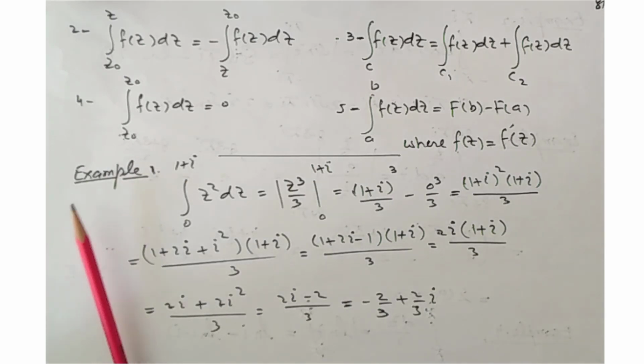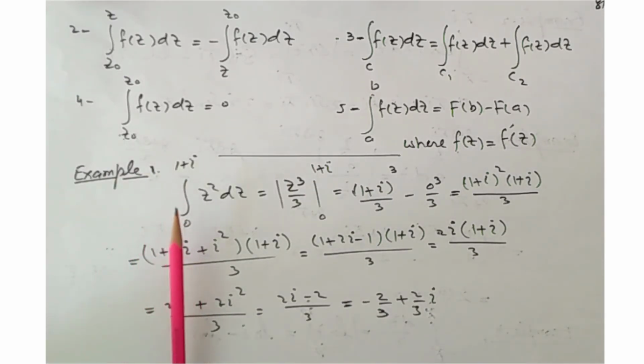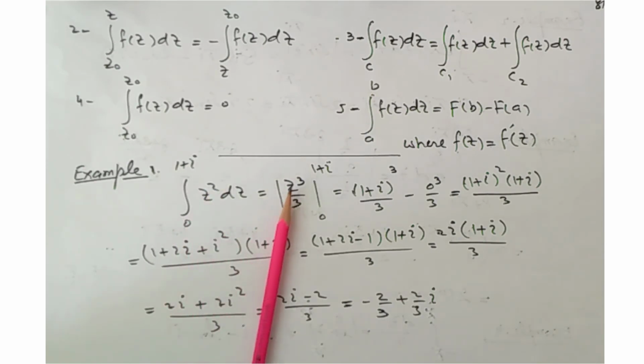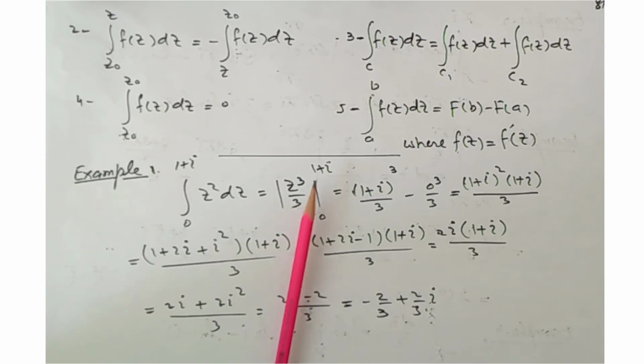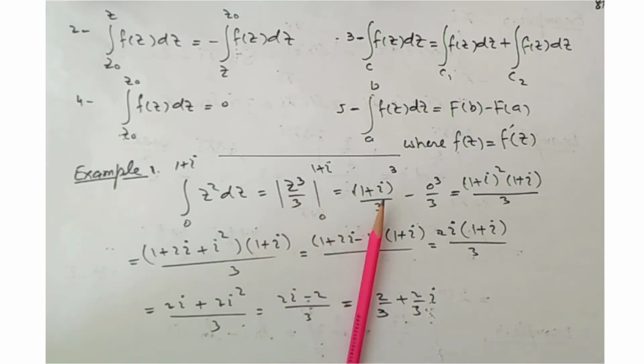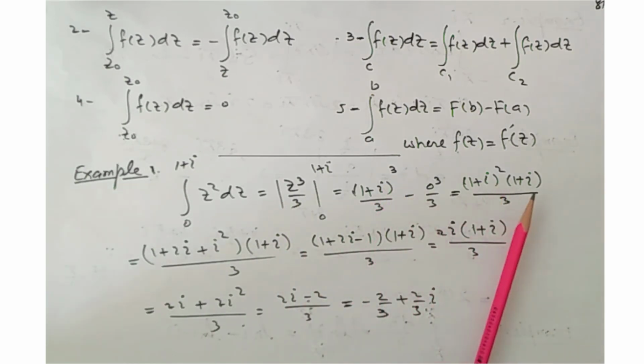Now we give the example number 1. Integral 0 to 1 plus iota of z square dz is a simple example. Integral of z square is z cube by 3. Between the limits 0 to 1 plus iota, we put upper limit 1 plus iota in the place of z, minus lower limit 0, which becomes 0 cube over 3. We can write this cube as 1 plus iota square into 1 plus iota.